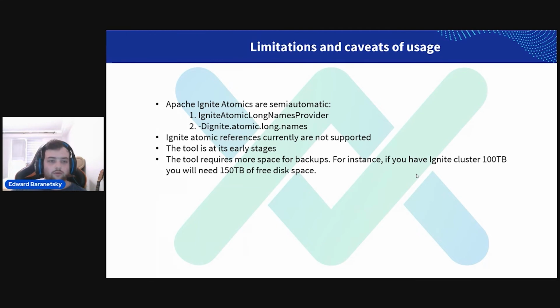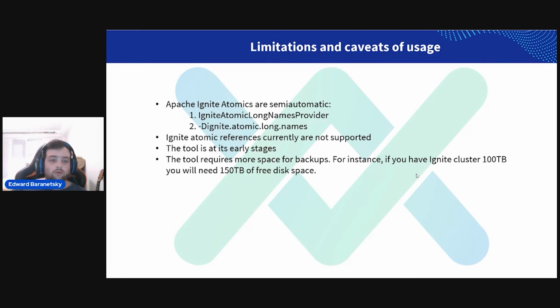One is to implement an Ignite atomic long names provider. The benefit of this is that you will get an Ignite instance, and you can fetch any data you want. The second option is to provide just the system property Ignite atomic long names. It is a comma separated list. Right now the tool doesn't support atomic references.